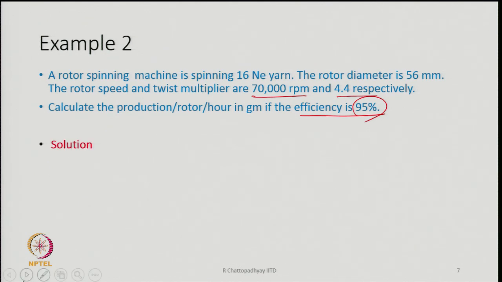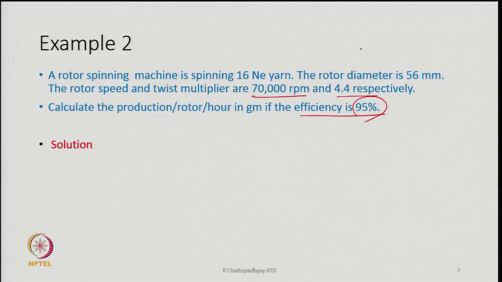Though that question has not been given in this example, it is an additional simple question we can put. So, idle time is 5%, that means 5 by 100 into 1 hour, which is 60 minutes. So, idle time, if we want to find it out, will be how much?